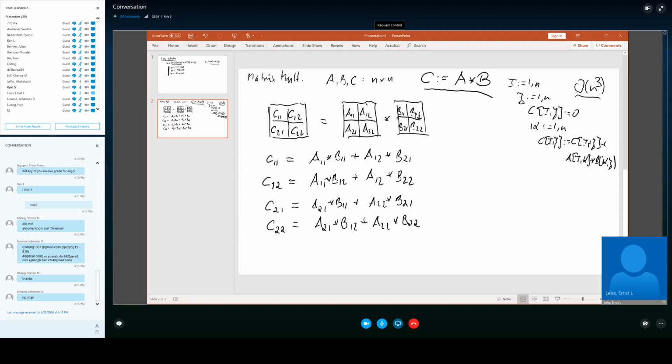A11, A12, A21, A22, B11, B12, B21, B22, and corresponding C11, C12, C21, and C22.